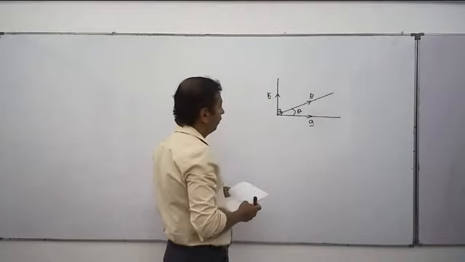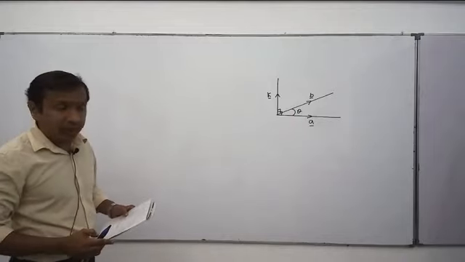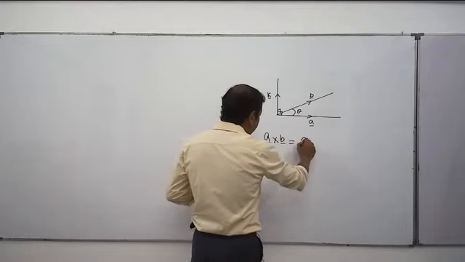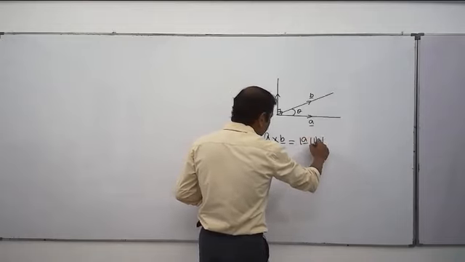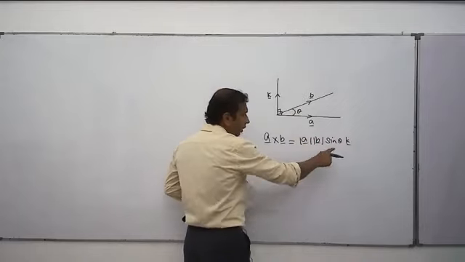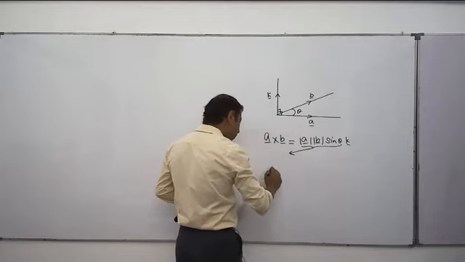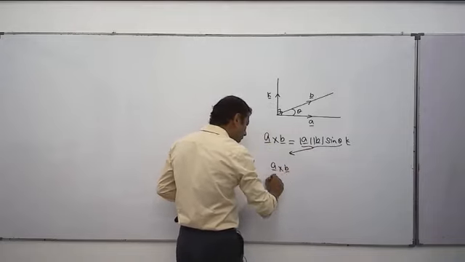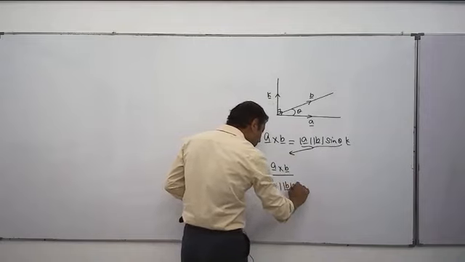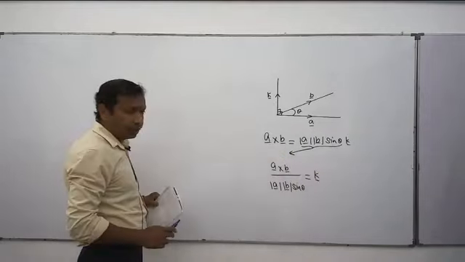Okay. Then people, asking the unit vector K, how to write? A cross B you can write as mod A mod B sin theta K. Then K, taking all this to the left hand side as denominator, is A cross B divided by mod A mod B sin theta, equal to vector K. Right.